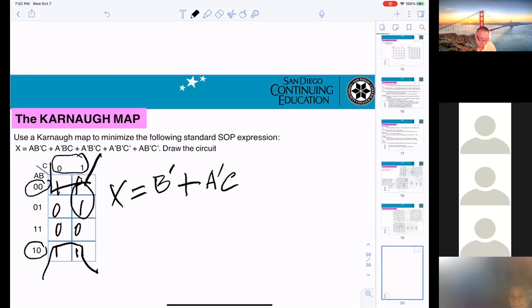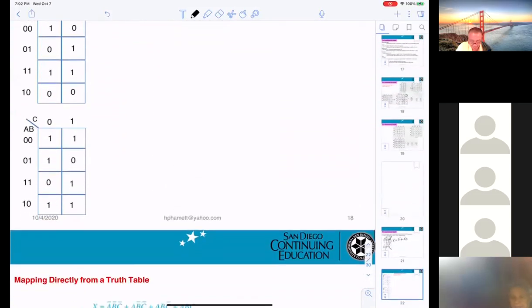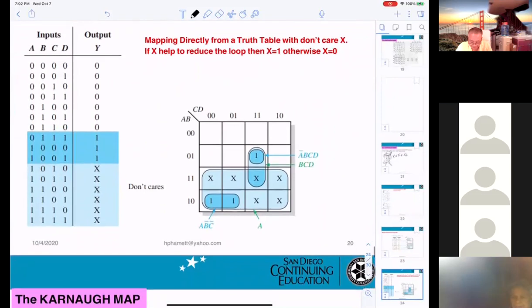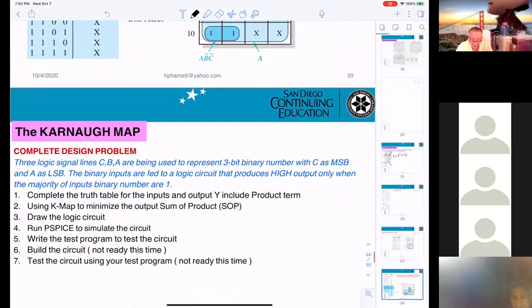So finally, when you get the expression, you're able to know how to map it into the K-map. Second thing, how to loop to get the equation. If you get the time, try to go to here, okay? That can give you everything, and also complete design problems.